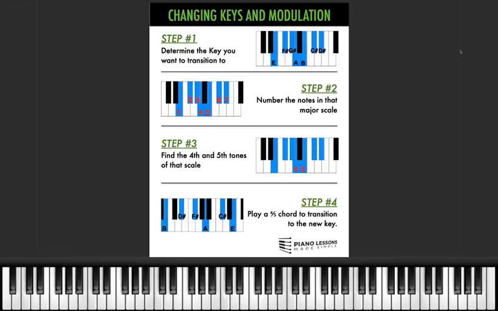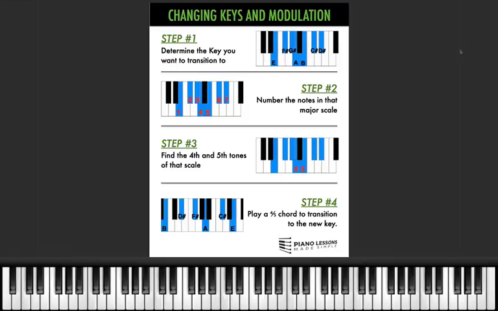So let's make it easy, and let's say that we are starting off in the key of C, which is C, D, E, F, G, A, B, C. So we're in the key of C, and we want to make it easy, and let's go to a relatively close key, which is the key of D, which is D, E, F sharp, G, A, B, C sharp, and D. So we want to go from C up to D. They're relatively close, and making this movement isn't going to be a huge deal.